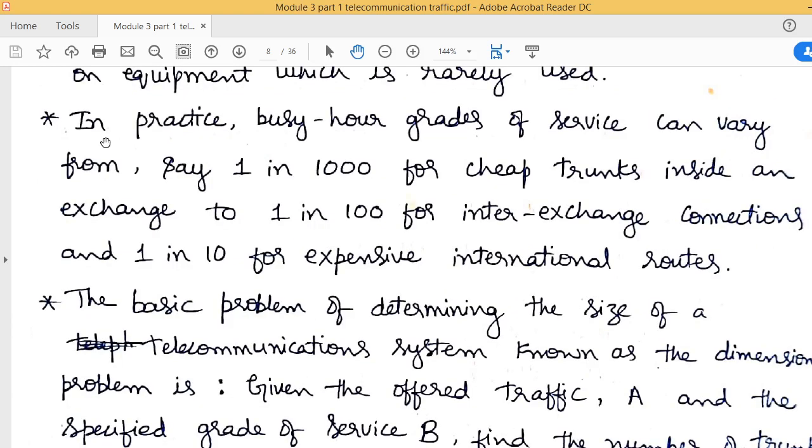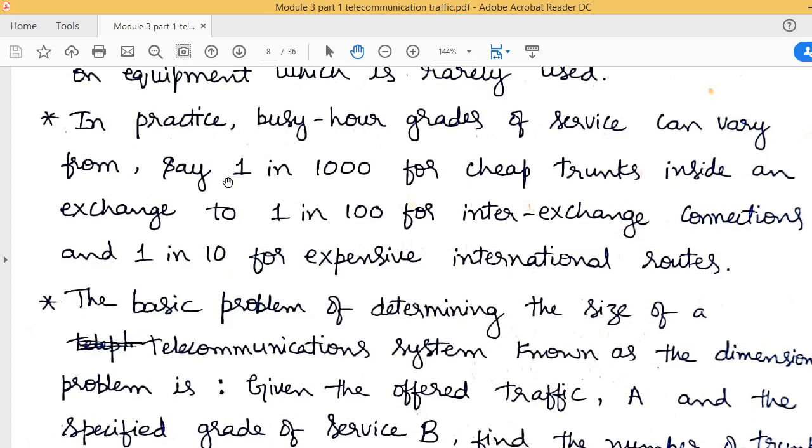So let us consider a scenario in which during a busy hour grade of service can vary from, say, 1 in 1000 for cheap trunks. So let us assume we are dealing with calls that are being made inside a particular state. For calls that are made inside a state, we will have good grade of service.